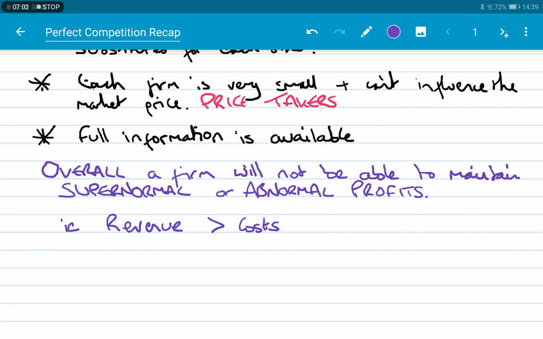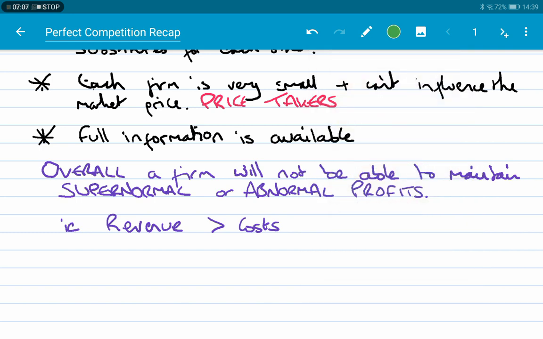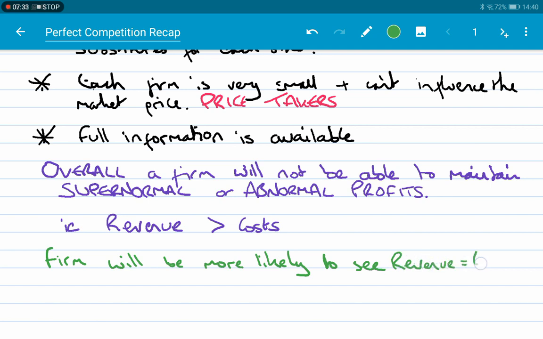So instead of making supernormal profits, what we would say is that the firm is more likely to be in a position where its revenue is not greater than its costs, but it's equal to its costs.